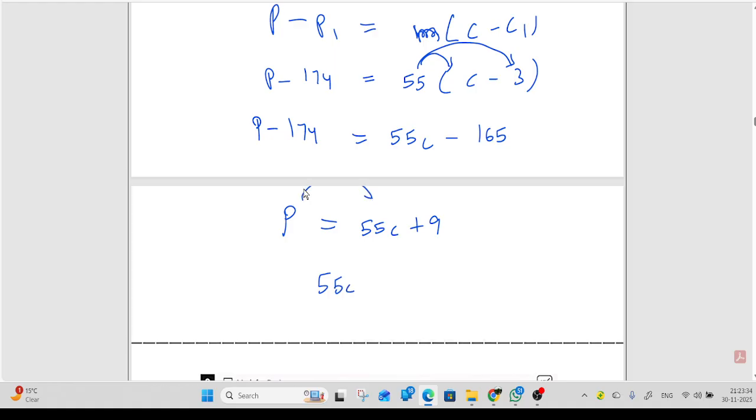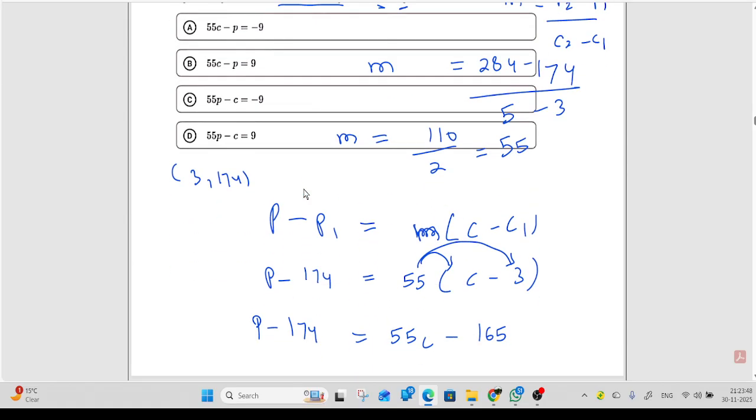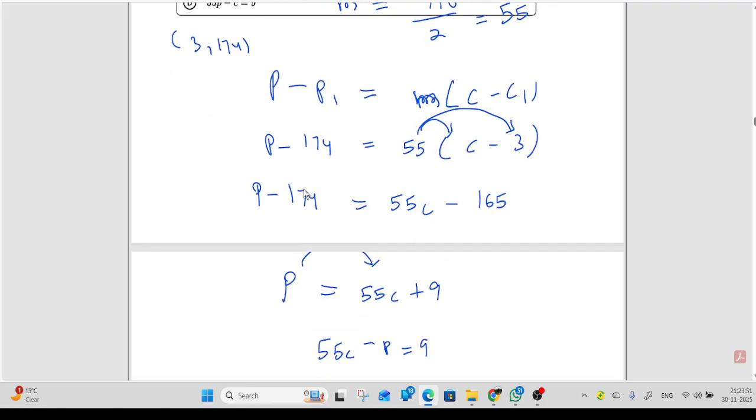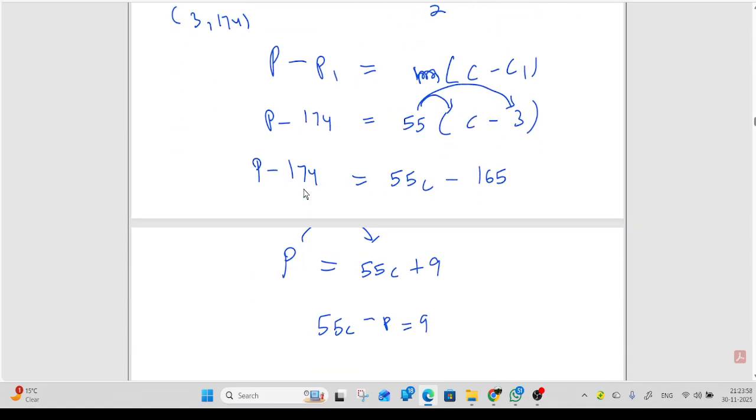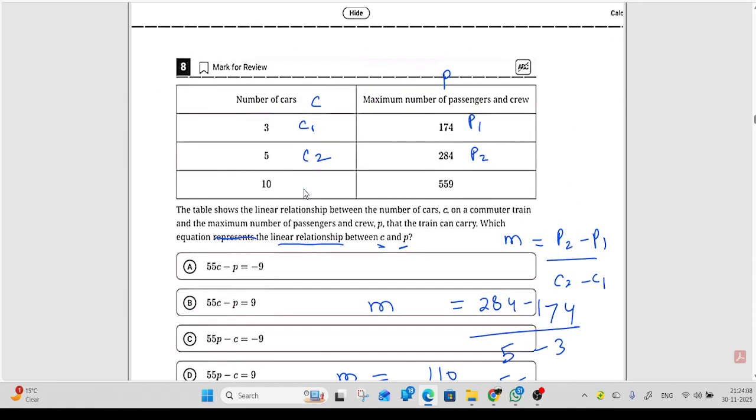If I take P to this side, this will become negative P equals, actually, this will become negative 9, right? When I move it to the other side, this is positive 9. So option A is correct.